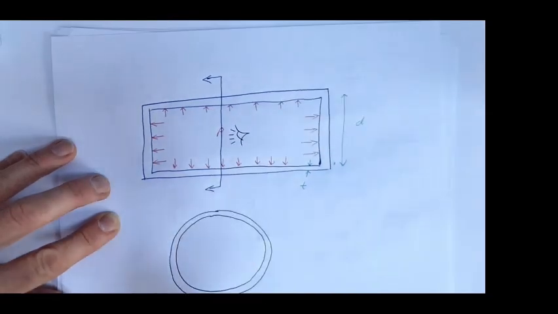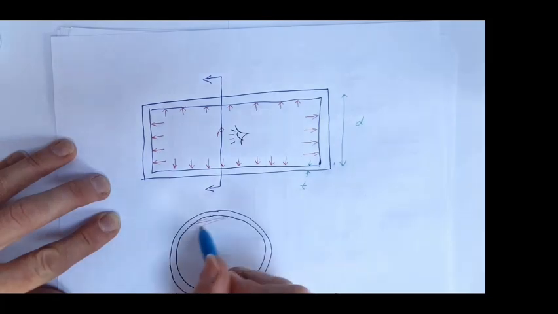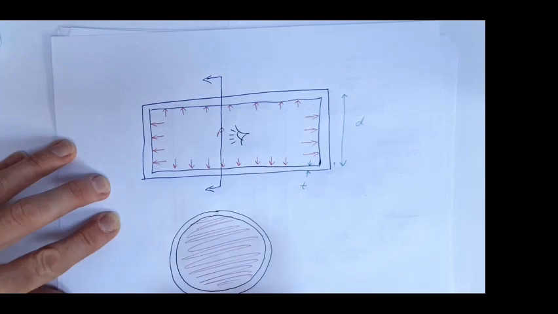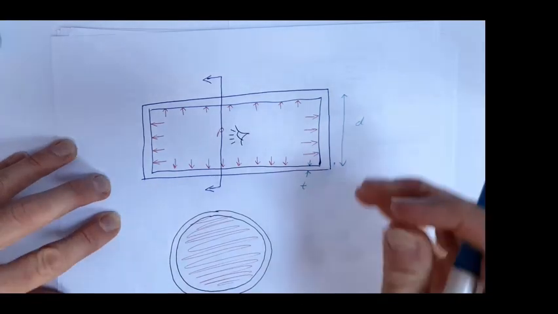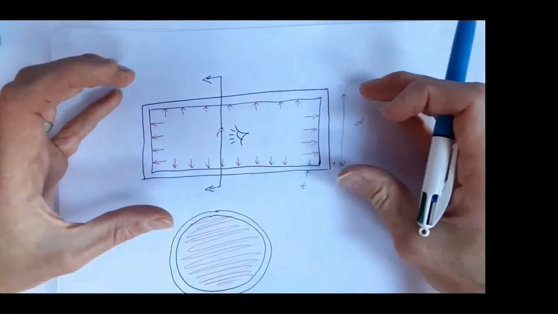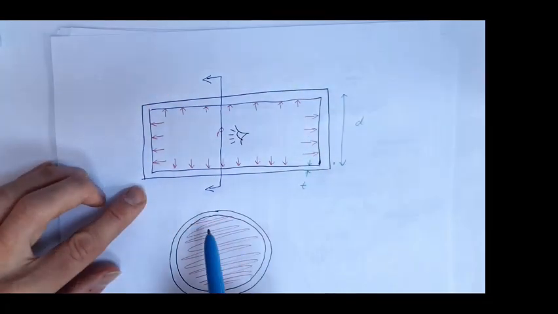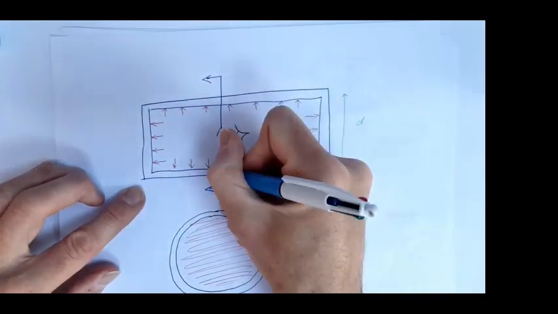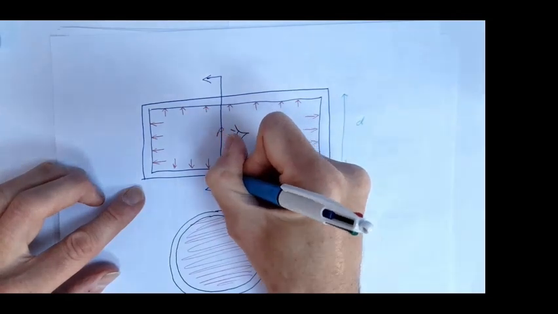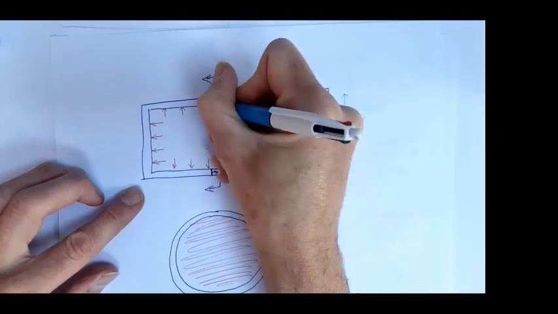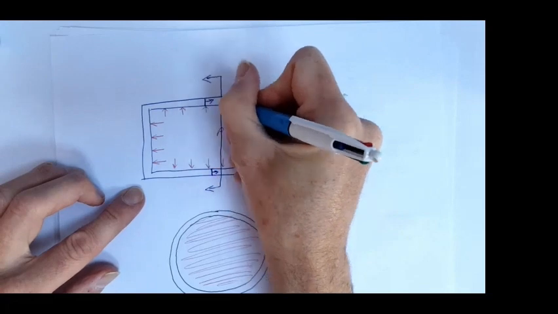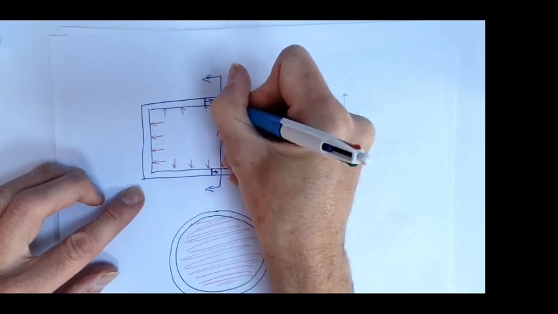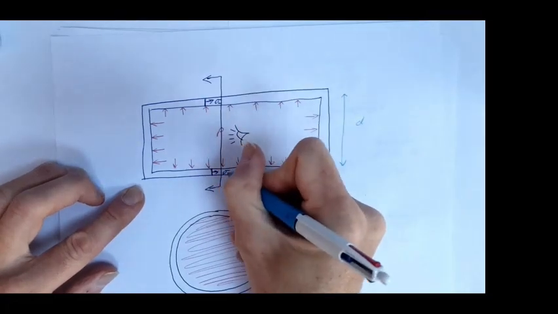Now pressure this time is going to be acting on this circular surface, and our longitudinal stresses, the thing which is trying to stop our cylinder from expanding in length, are going to be acting on these surfaces here. Okay, so my longitudinal stress is going to be acting in that direction.